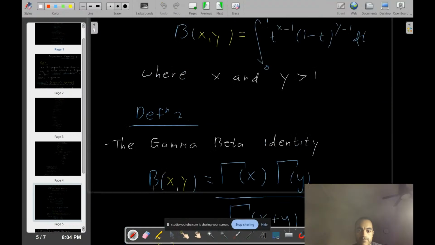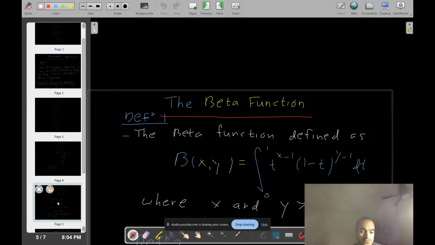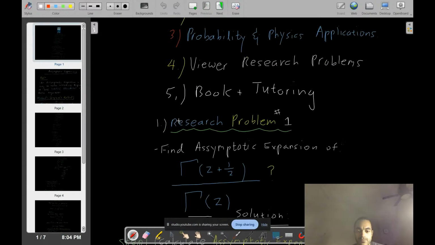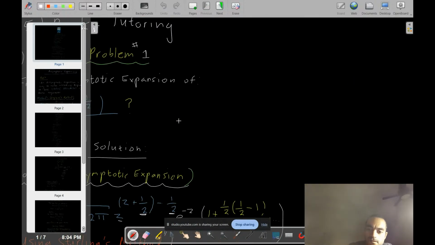So, definition of the gamma function. I'll put it over here somewhere for those of you who need to refresh your definition. I could have just used this definition.